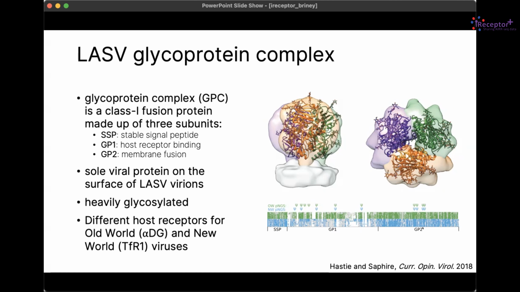Although, the homology between old world and new world arenaviruses in GP2 is much more similar than you would see in GP1. So the assumption is the broadest antibodies would recognize epitopes present on GP2 versus GP1.